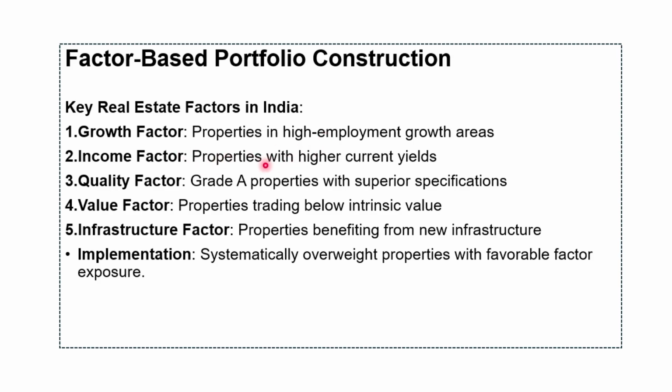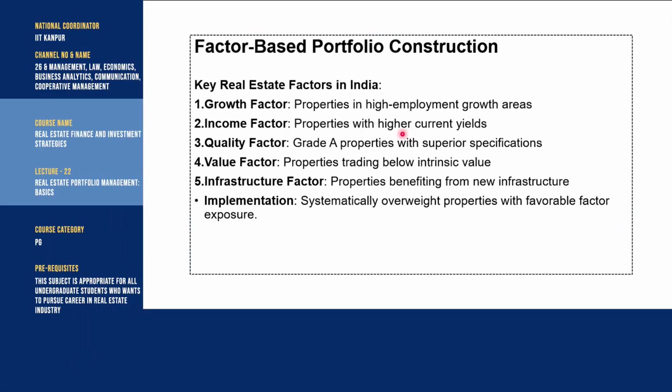The income factor targets properties with high current yield, assets that generate superior cash flow relative to acquisition cost. The quality factor emphasizes grade A properties with superior specifications and institutional quality characteristics.